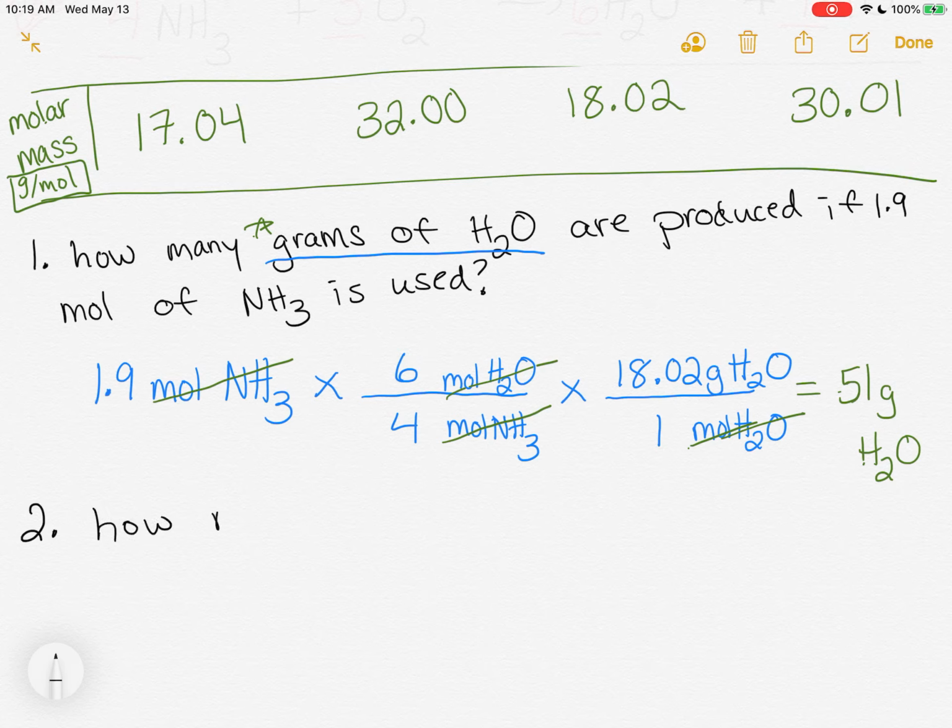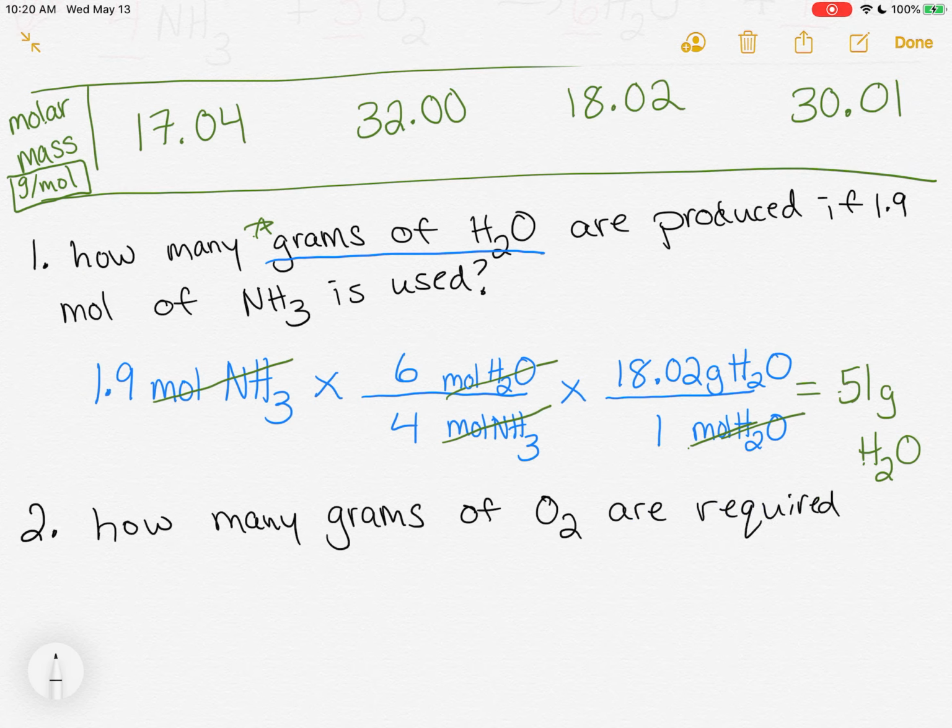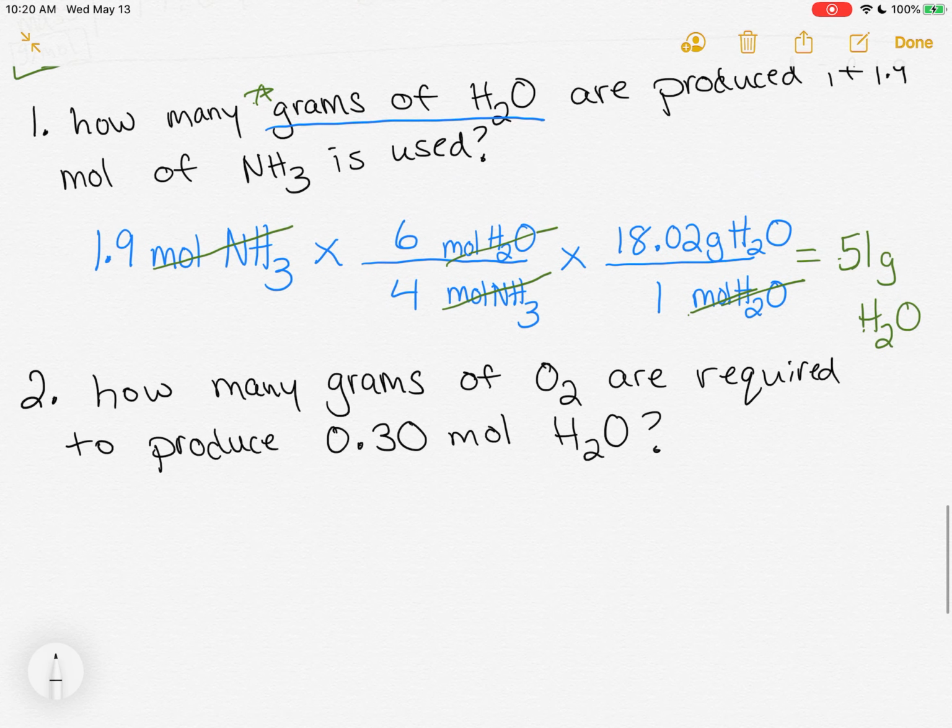I want to know how many grams of oxygen. And again, we're going to use that same reaction. So how many grams of oxygen are required to produce 0.30 moles of H2O?